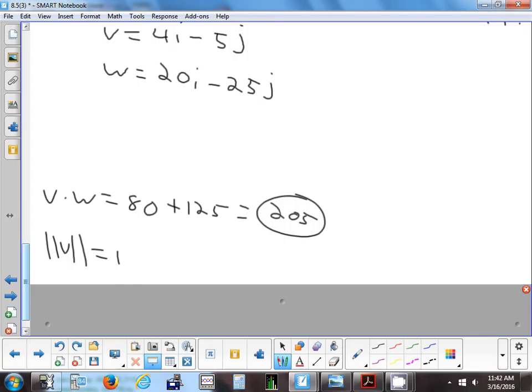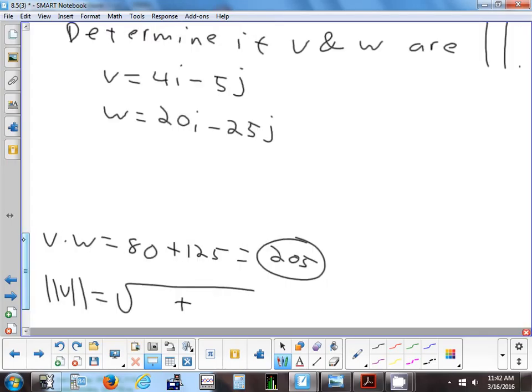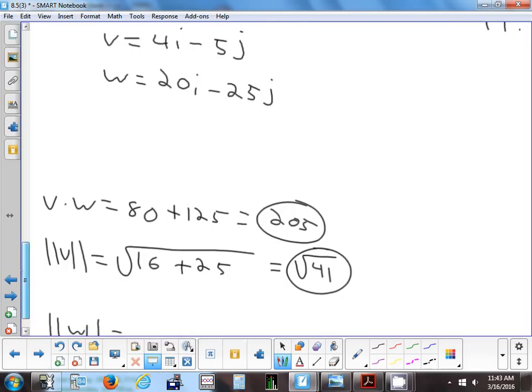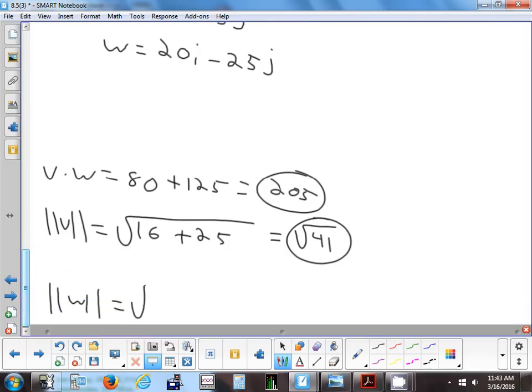Anybody tell me how I'm going to find the magnitude of V? 16 plus 25, which is the square root of 41. And how about the magnitude of W? 400 plus 625.